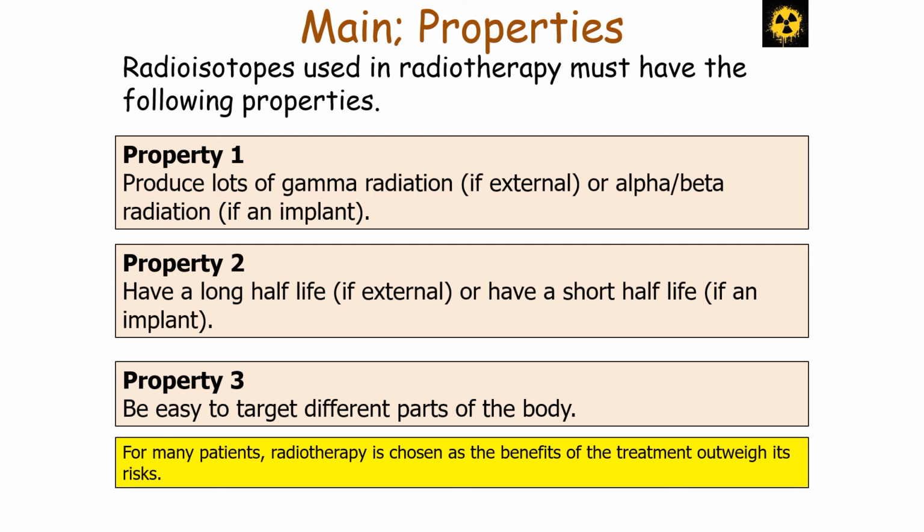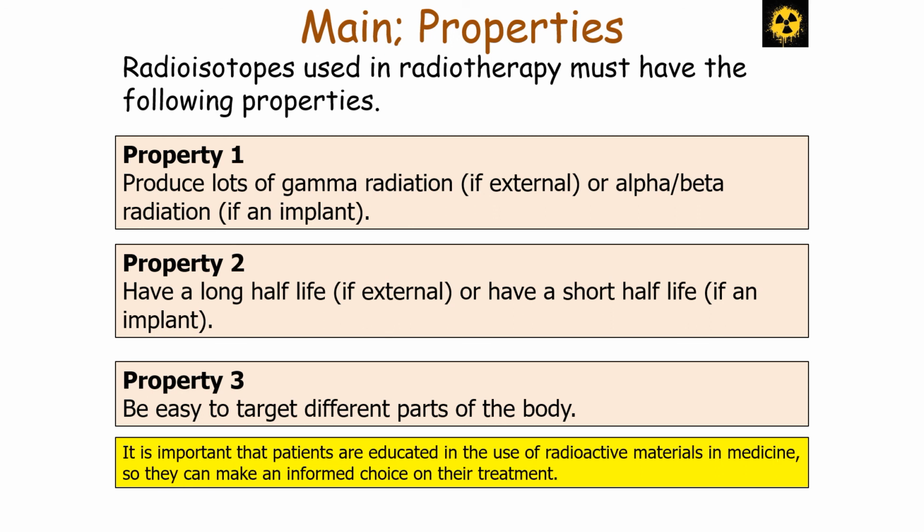So for many patients, radiotherapy is chosen as the benefits of the treatment outweigh the risk that it poses to the particular patient. Therefore, it's very important that patients are educated in the use of radioactive materials in medicine, so they can make an informed choice on their treatment, and so that the perceived risk the patient feels is the actual risk that they are going to face by using the radioactive material.